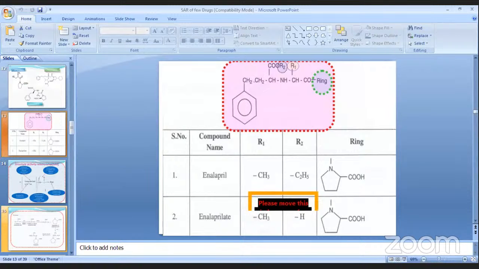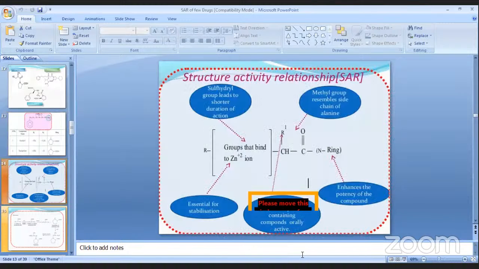So you see the structure of this basic moiety, and if you go to the SAR, what type of ring is there? It is a pyrrolidine ring, and one methyl group resembles the chain of alanine, and one butyl group is there in R2. The group binding with zinc, a benzene group or a sulfonyl group, can be attached here and leads to a shorter duration of action.